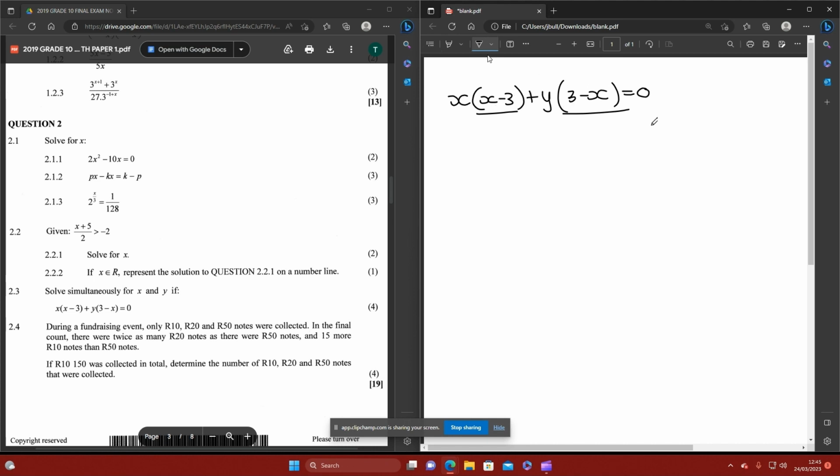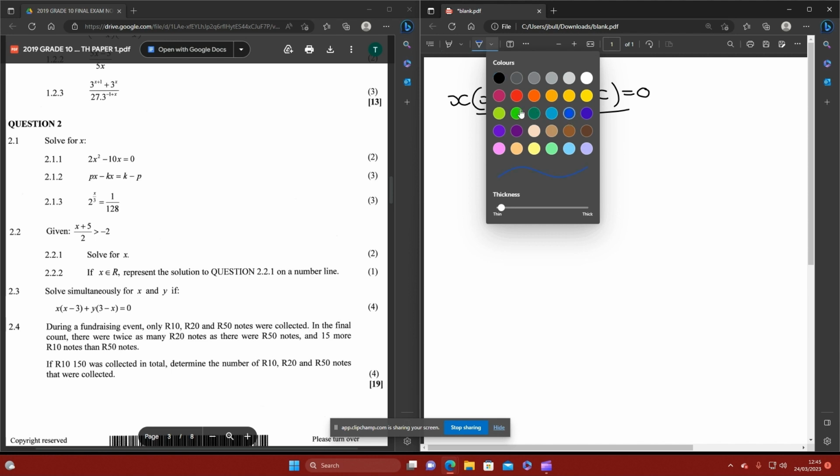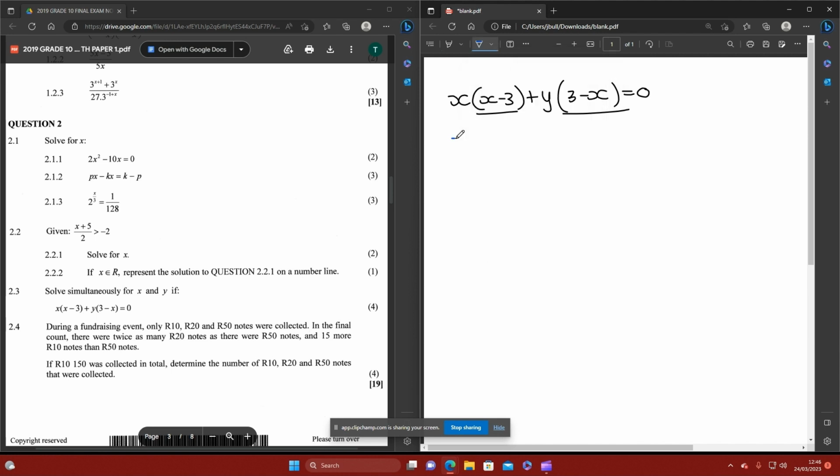So what we can do, and what we used before, is change the order of the brackets. Let's keep that first bracket as is. We could rewrite this as x minus 3, because that will help us create a common factor. If we change the order in the brackets, we have to change the sign in front of the brackets. This is already looking better. Now we can take out these brackets as a common factor.